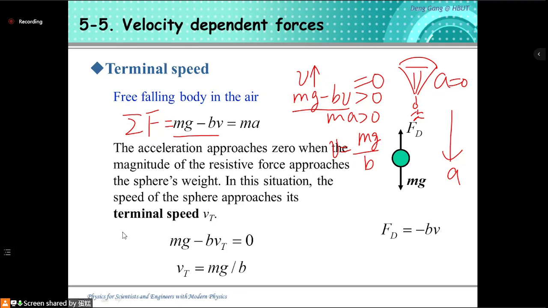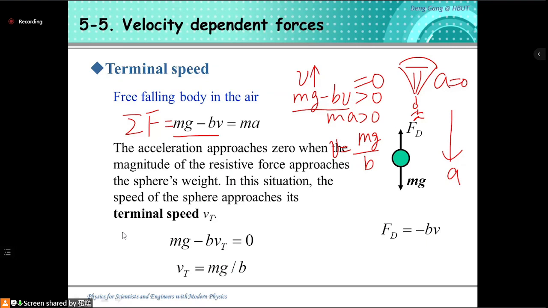Even if you jump from the plane with a speed not equal to 0, you will still reach this speed. But the height is limited, so you need to reach this speed as soon as possible before you land, right?